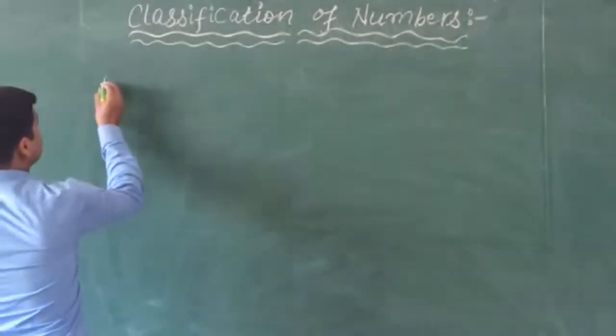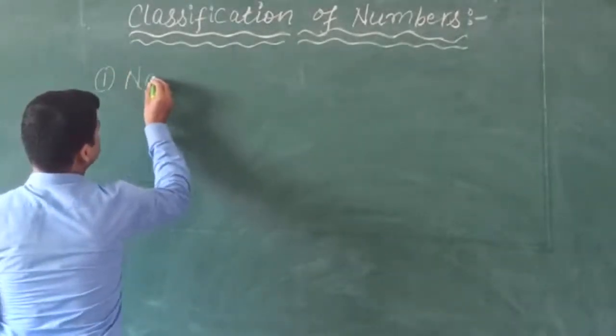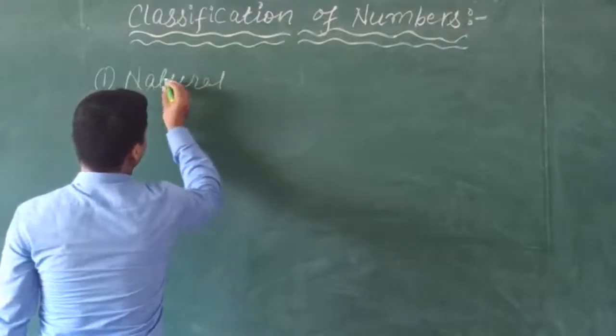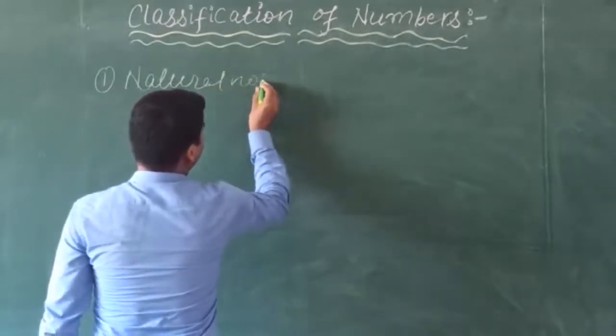Okay. So first is natural number. So what is called natural number?